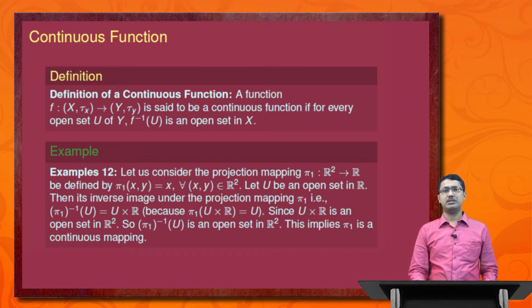So pi_1 inverse of U is an open set in R square. This implies pi_1 is a continuous mapping. Similarly, if we choose another projection mapping pi_2 from R square to R, defined by pi_2(x, y) equal to y, by similar logic we show that pi_2 also forms a continuous function.